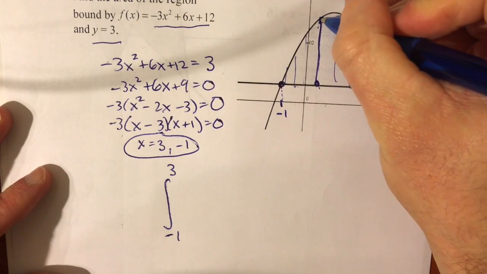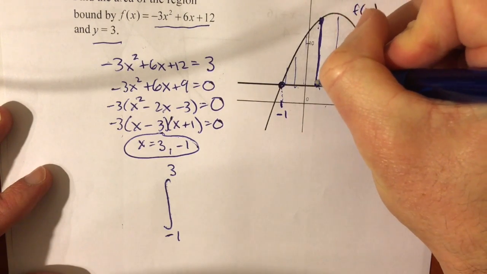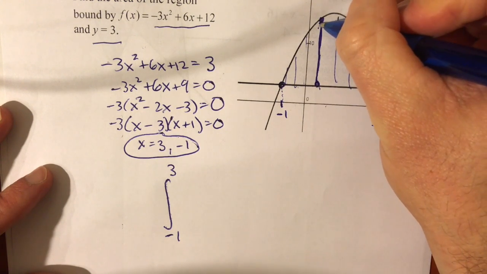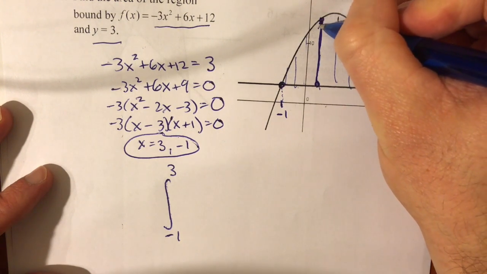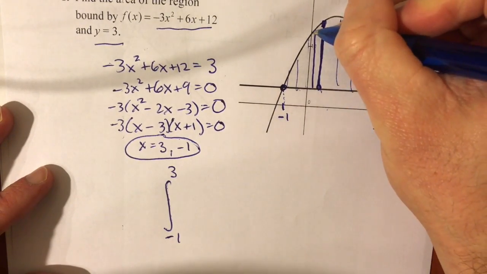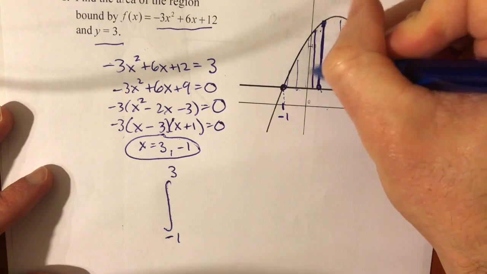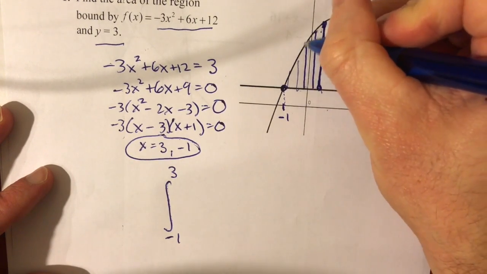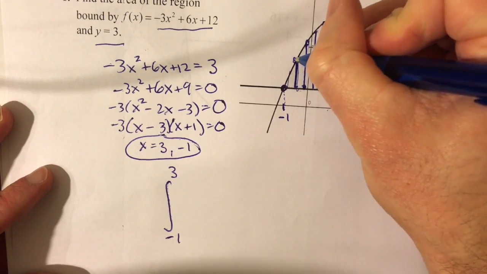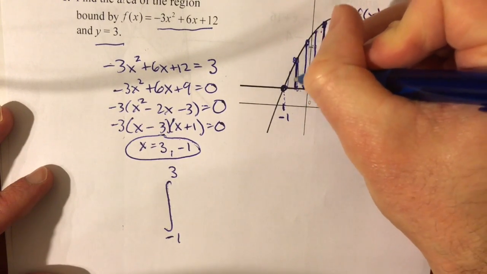And if you think back to when we found area with integration, or even before that when we were doing Riemann sums, it was really just a bunch of infinitely thin rectangles. And you were essentially adding up these heights, and the heights were just these y values. Well, now these heights of this region are really the difference between these y values.